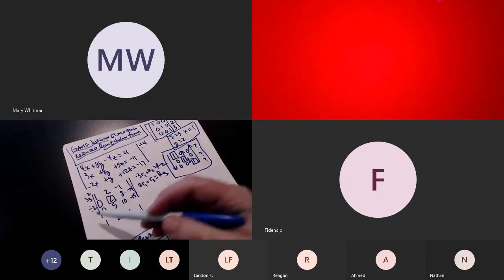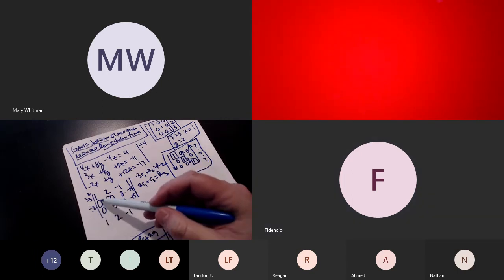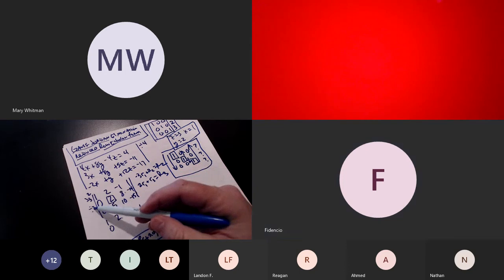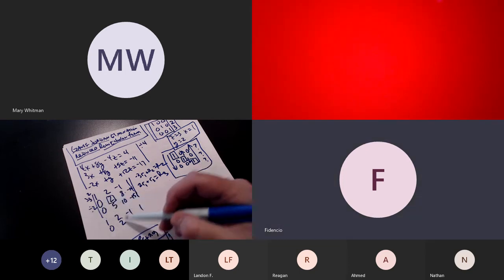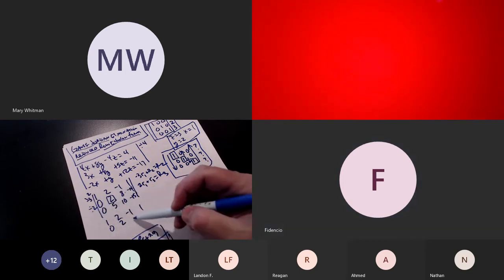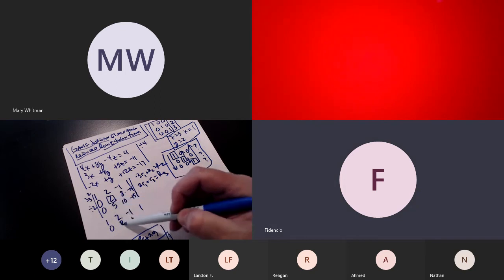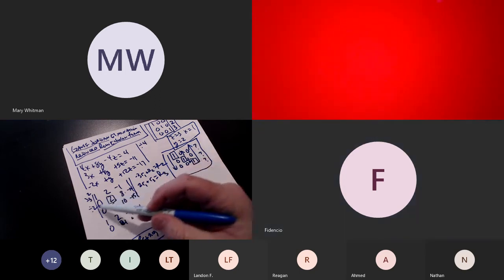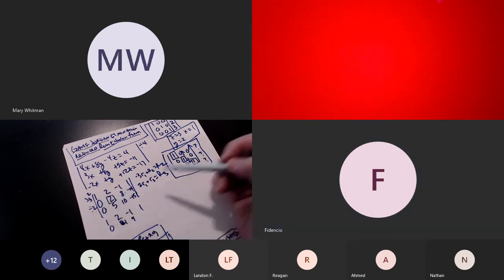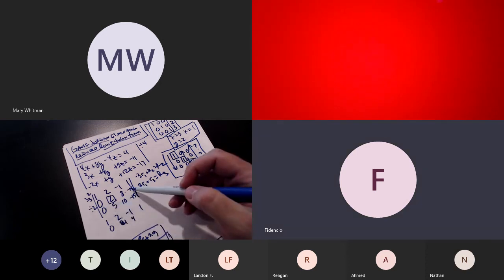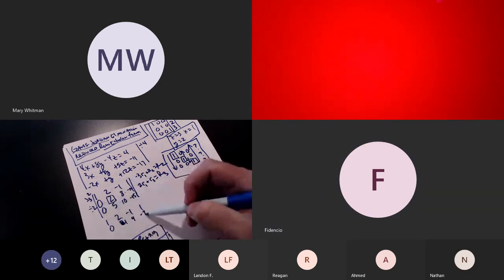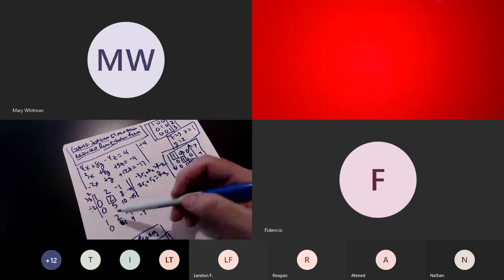Top row is unchanged. I'm going to divide the second row by 2. So 0 divided by 2 is still 0. Sorry, 2 divided by 2 is 1. 8 divided by 2 is 4. And -14 divided by 2 is -7. Okay?